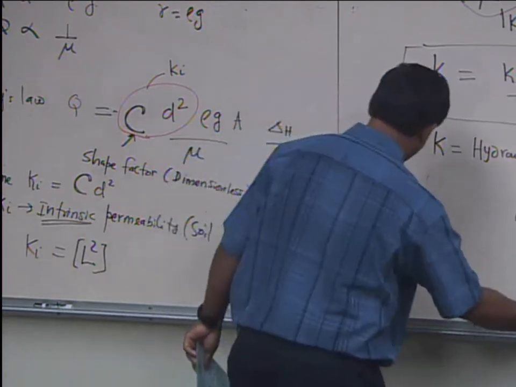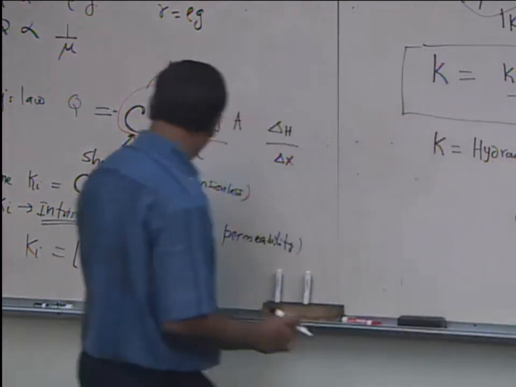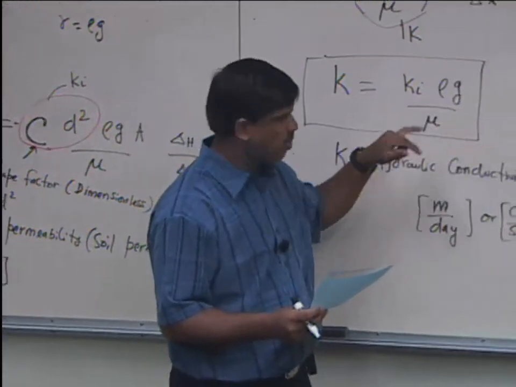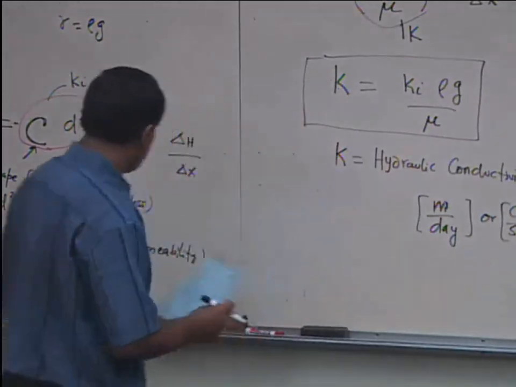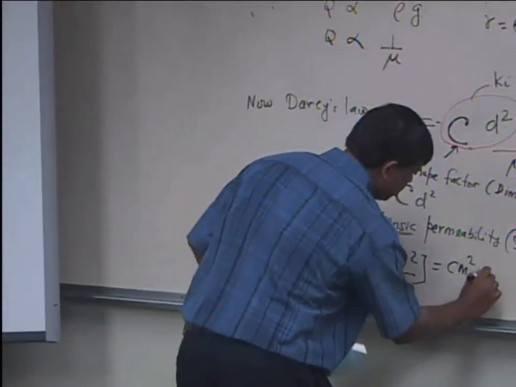Length per time, that's right. Now you can work it out actually. If you put the rho, g, and mu proper units, you will convince yourself it will be length per time. This will be length squared, so it will be like centimeter squared or meter squared.